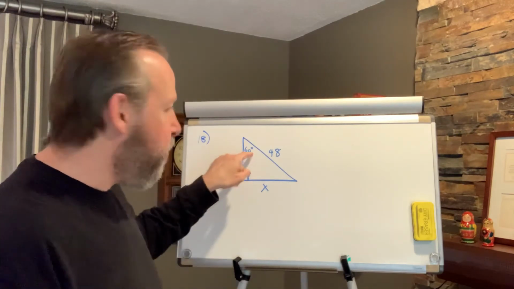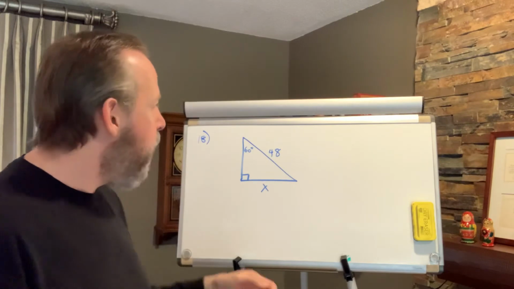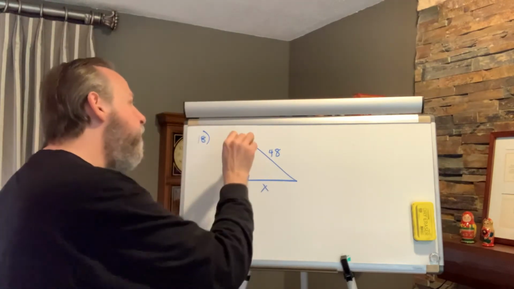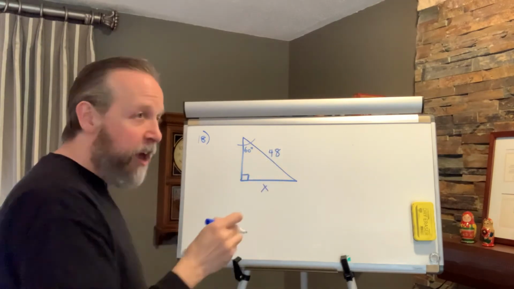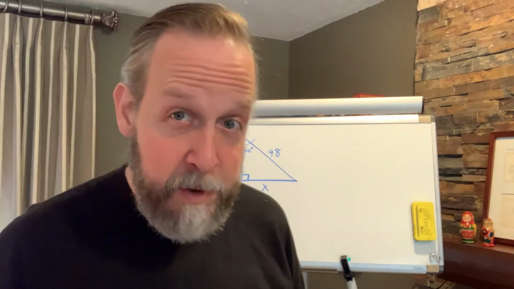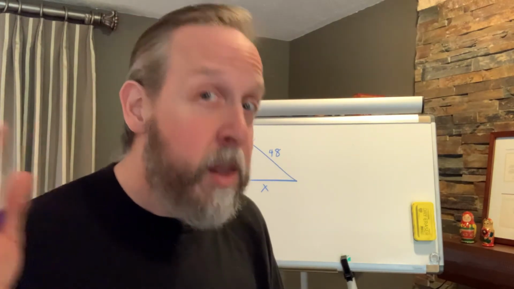I have an angle of 60, which I can use, kind of like we did in problem 17. From this angle's point of view, I have the opposite and I have the hypotenuse. So what trig function uses the opposite and the hypotenuse? Sine.